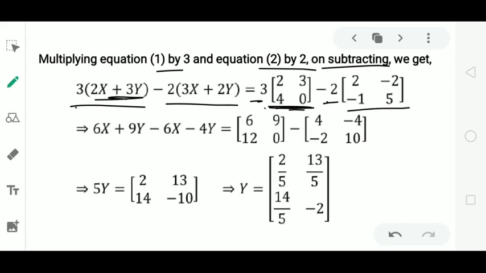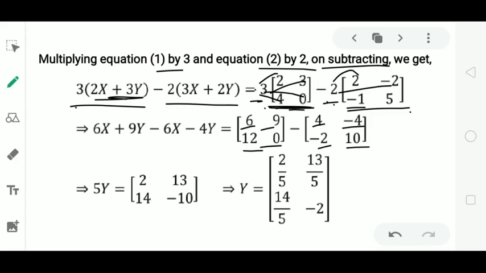So 3 into this matrix is nothing but multiplying 3 to each of the elements. 3 into 2 is 6, 3 into 3 is 9, 3 into 4 is 12, 3 into 0 is 0. For the second term, 2 into 2 is 4, 2 into minus 2 is minus 4, 2 into minus 1 is minus 2, 2 into plus 5 is 10.